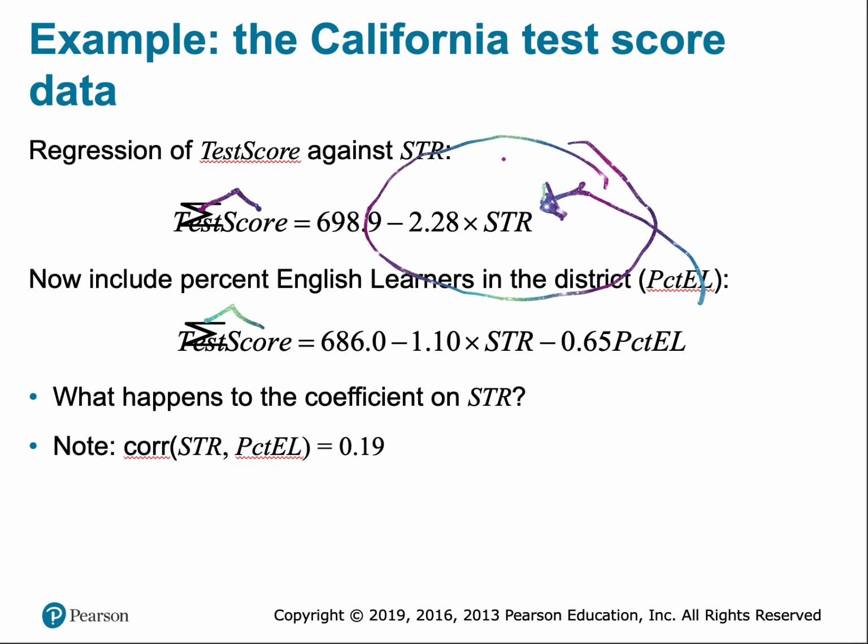This omitted variable bias was pushing the coefficient higher than it actually is. When we include the regressor in the equation, the coefficient becomes smaller, from 2.28 to 1.1. We get a more pure estimate of the effect of the student-to-teacher ratio on test score, and it seems like it's much smaller than we originally estimated.